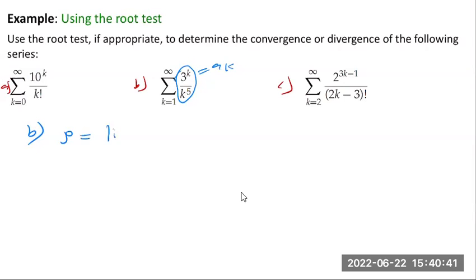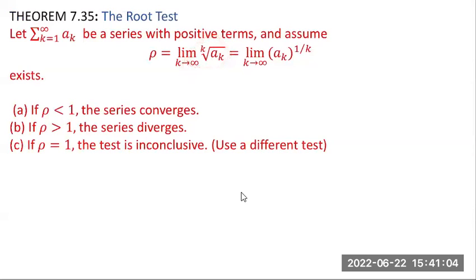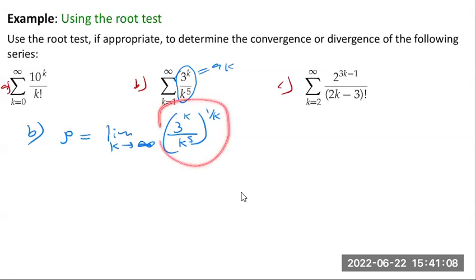Rho is equal to the limit as k goes to infinity of a_k to the power 1 over k. a_k is 3^k divided by k^5, all to the power 1 over k. That's what we mean by the kth root: a_k to the power 1 over k. So we need to calculate this.